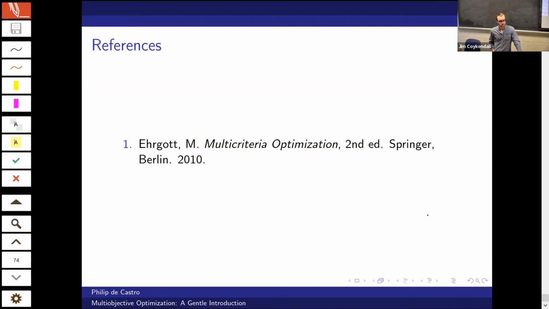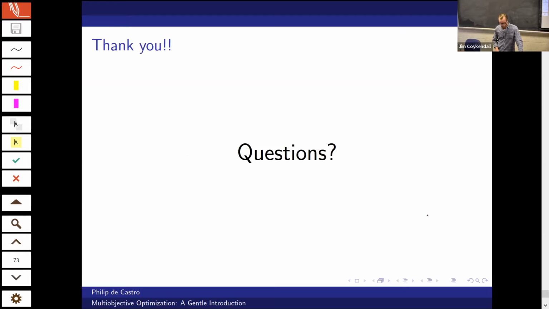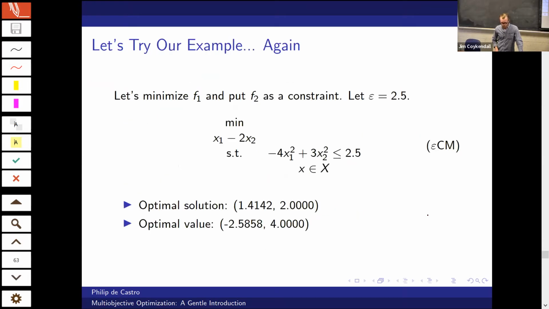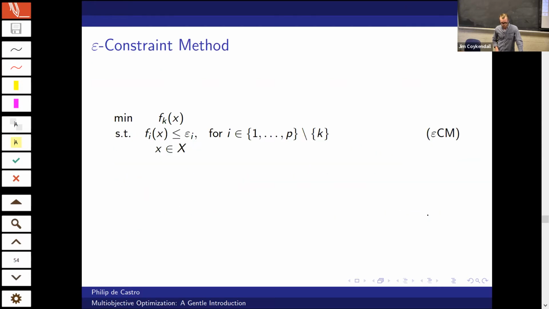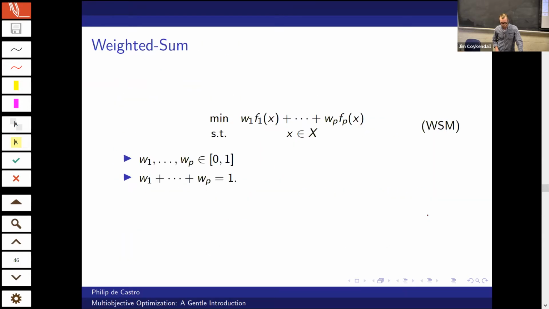The main issue, the bottleneck for these two methods anyways, is, let's look at weighted sum, we trade off P objectives for however many problems. So now you're solving entire problems over and over again to get some sort of representative sample of what your Pareto set is. So that's really the bottleneck.